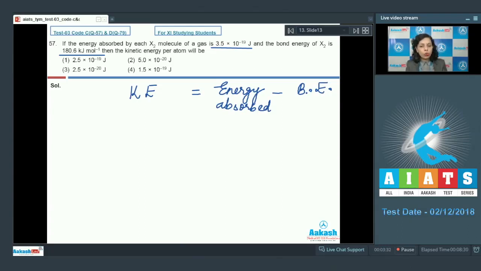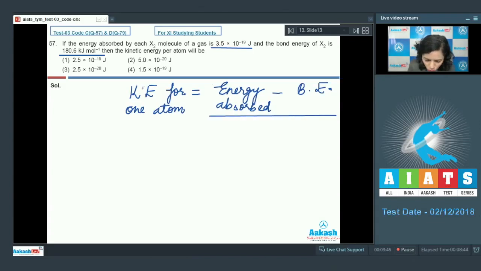And if the molecule is diatomic, so kinetic energy for one atom, or simply the kinetic energy per atom, can be found out by dividing this value, whatever you are obtaining here, dividing it by 2.